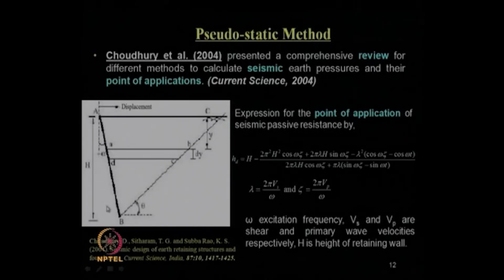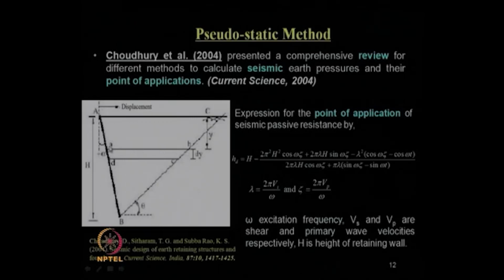The entire failure zone, which has to be optimized of course with respect to this failure angle, as I have already mentioned, but in addition to that, the entire zone we have not taken as a single mass, but we have divided it into a number of small horizontal slices, infinitesimal slices like this, A, B, C, D, of thickness dy at a depth of y from the ground surface.